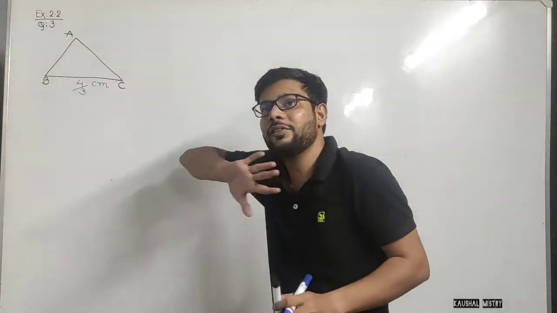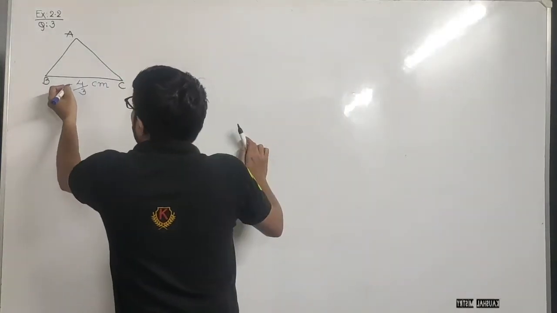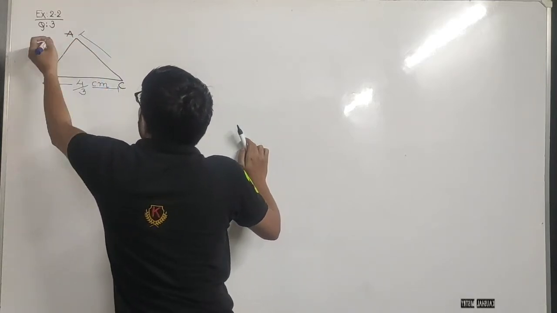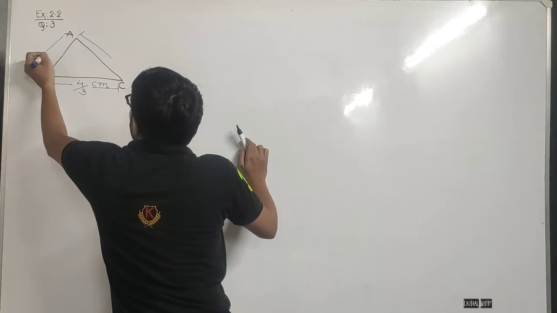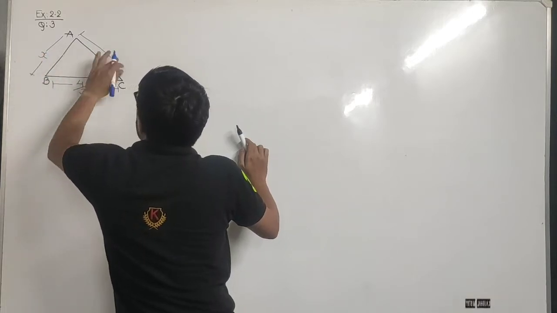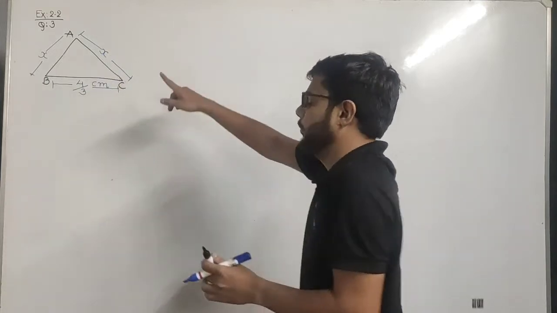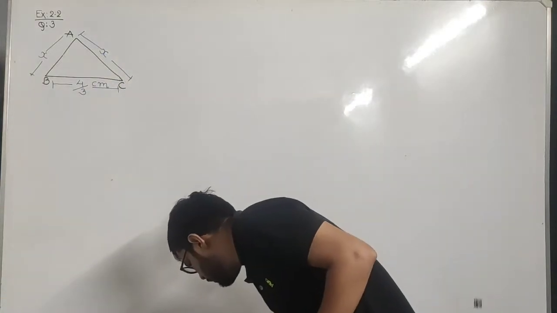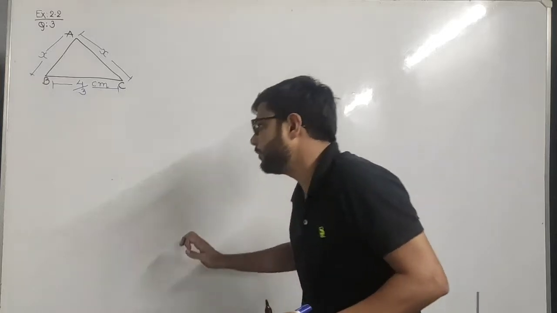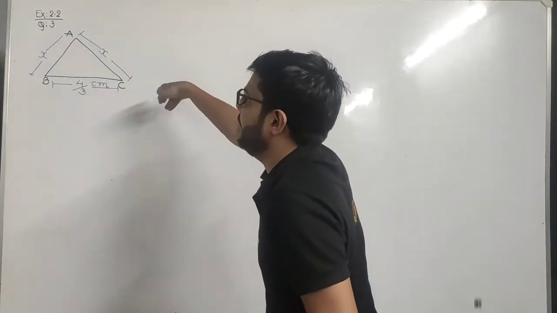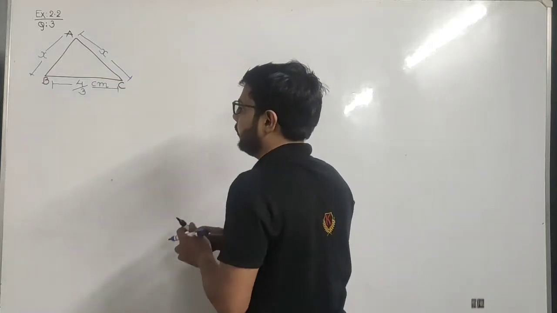Now the base is given, that means two sides are equal, and the equal sides are AC and AB. We will take these two equal sides as x, because we have to find the length of the remaining equal side. That means this AC and AB is equal.